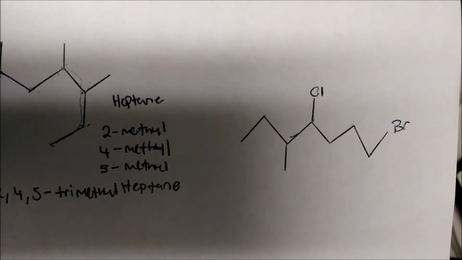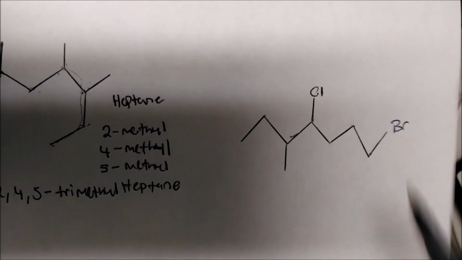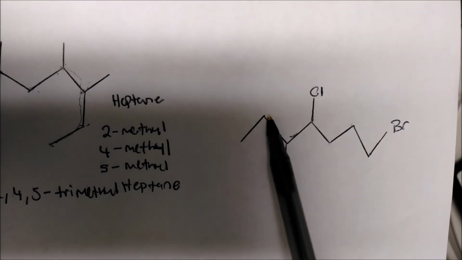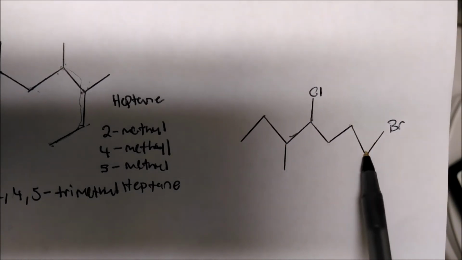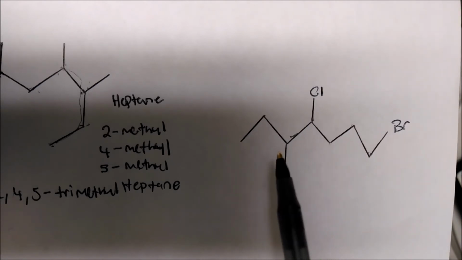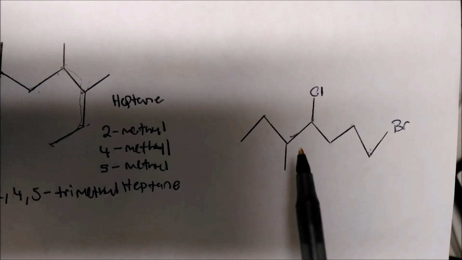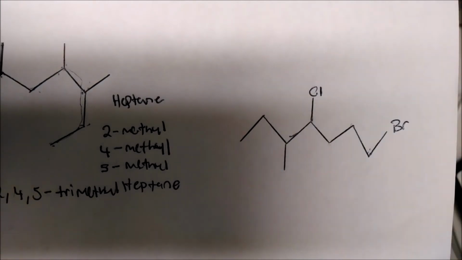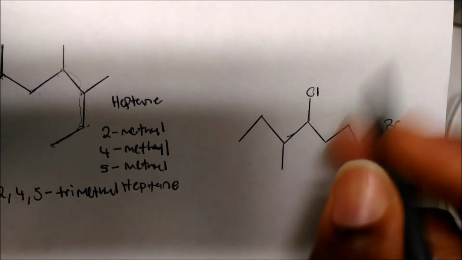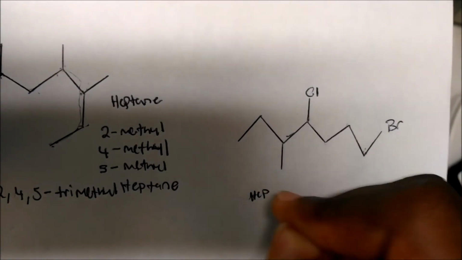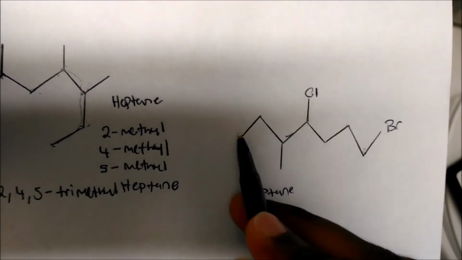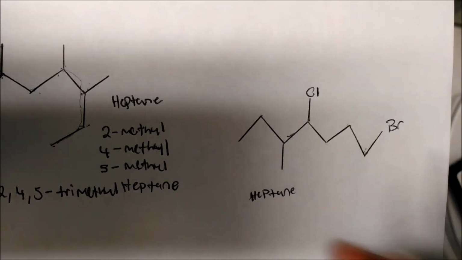I'm going to count my longest continuous carbon chain. So I can start from here and say 1, 2, 3, 4, 5, 6, 7. How about this? 1, 2, 3, 4, 5, 6. That definitely would not work. So here we can clearly see that my parent chain will be heptane, because there's just 1, 2, 3, 4, 5, 6, 7.